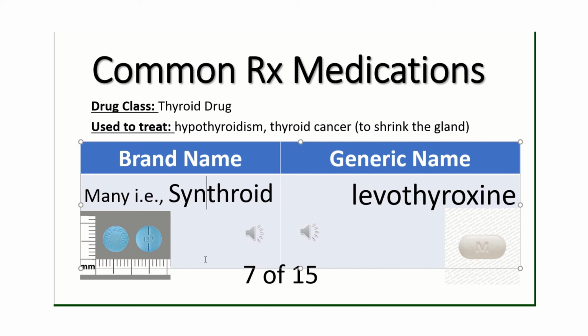Synthroid and levothyroxine treat hypothyroidism and are used to shrink the thyroid gland for people who have thyroid cancer. It's a synthetic thyroid hormone.